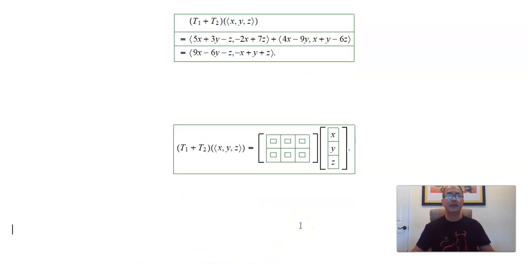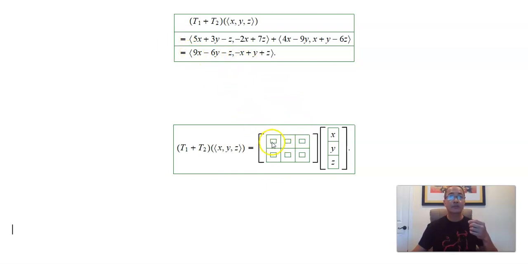Okay, so we said earlier that we're going to show that the sum is a linear transformation by creating a matrix for it, so that its output can be written as a matrix product. So can we write this output as a matrix product, as usual?